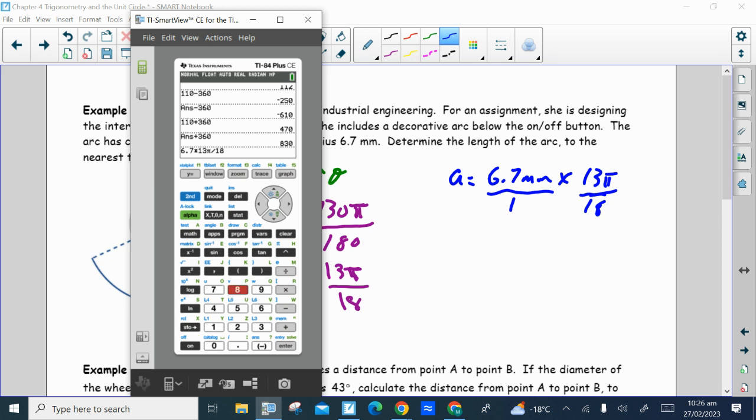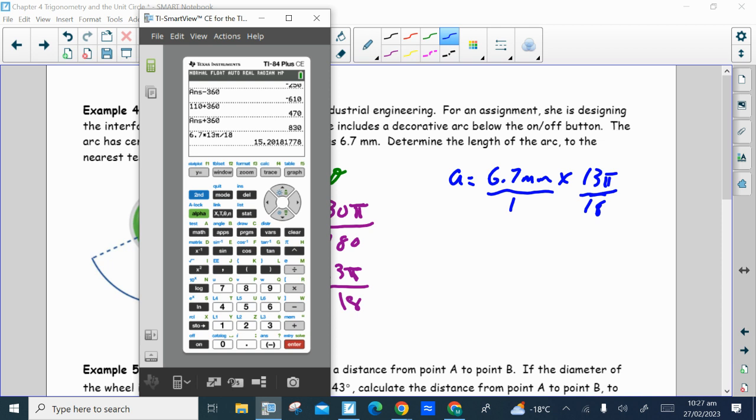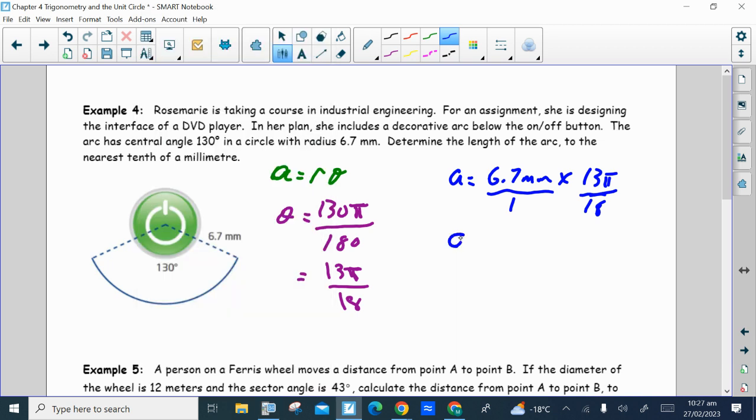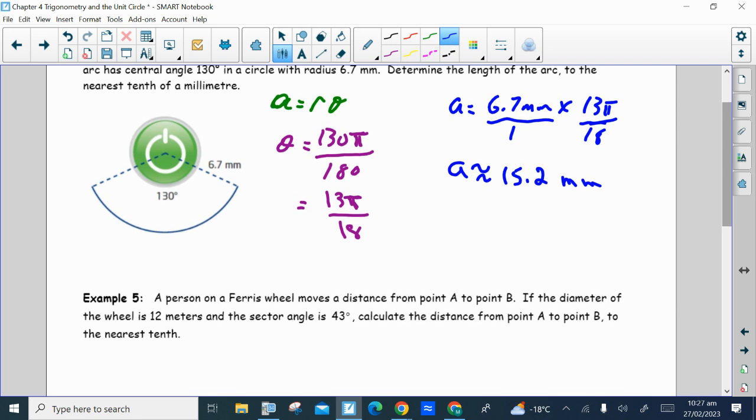So 6.7 times 13 pi divided by 18 will give us our answer, which it does say round to the nearest tenth. So now we will round, approximately 15.2 millimeters. So there's that one.